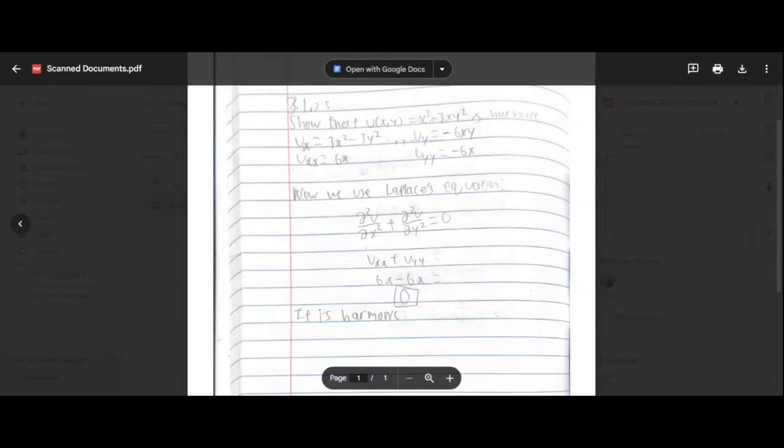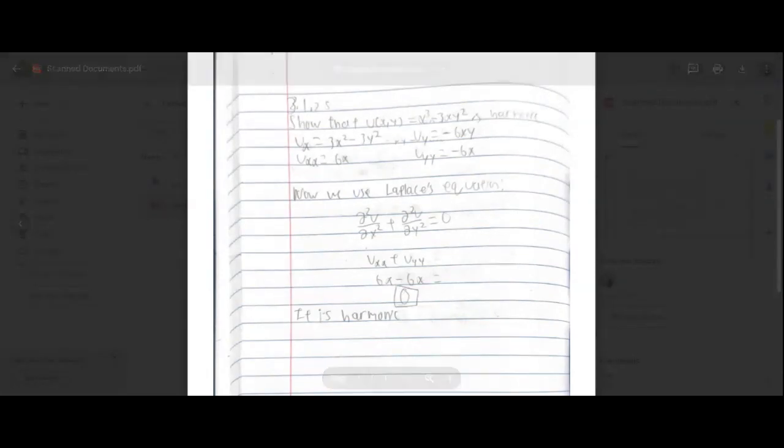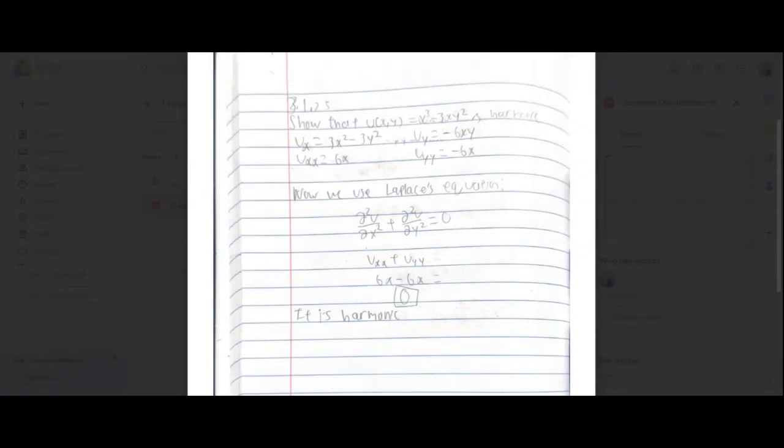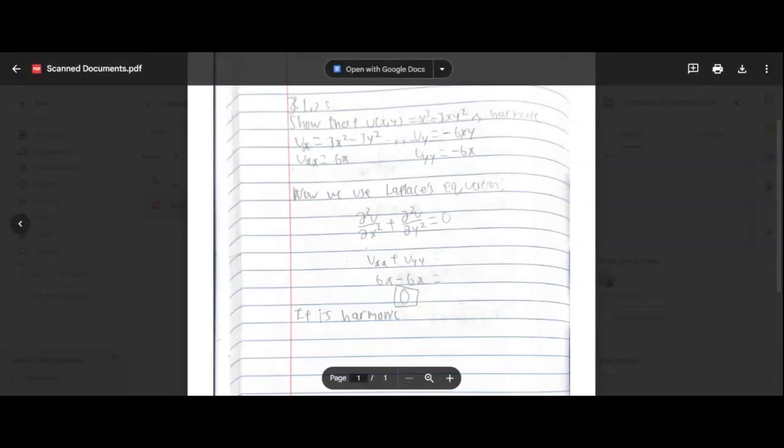So basically on the left, I have my x's, doing them all at once. The first partial derivative gives me 3x squared minus 3y squared. And because y is a constant, it just becomes 6x when we do the derivative again.